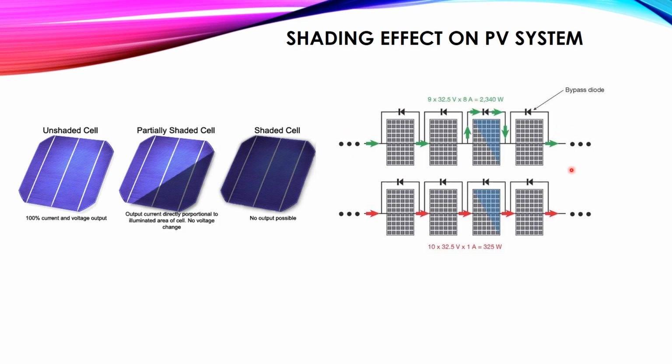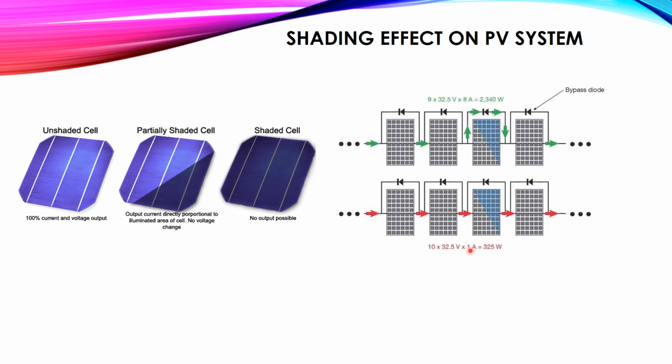Okay, now let's look at the lower one without the bypass diodes. Without the bypass diode, we have 10 panels. We didn't cancel this one, so we have 10 panels multiplied by the voltage of each panel. We know that the voltage is not affected by the shading effect, so we have 32.5 volt, but the factor here is the ampere.